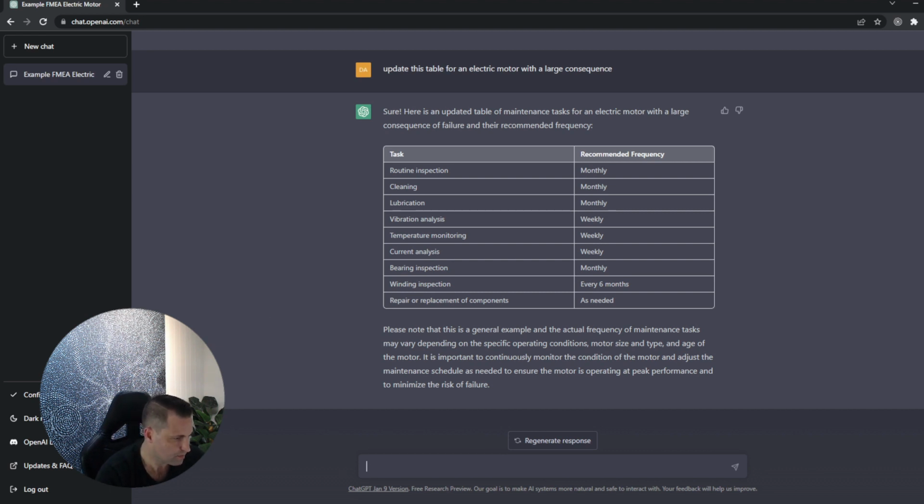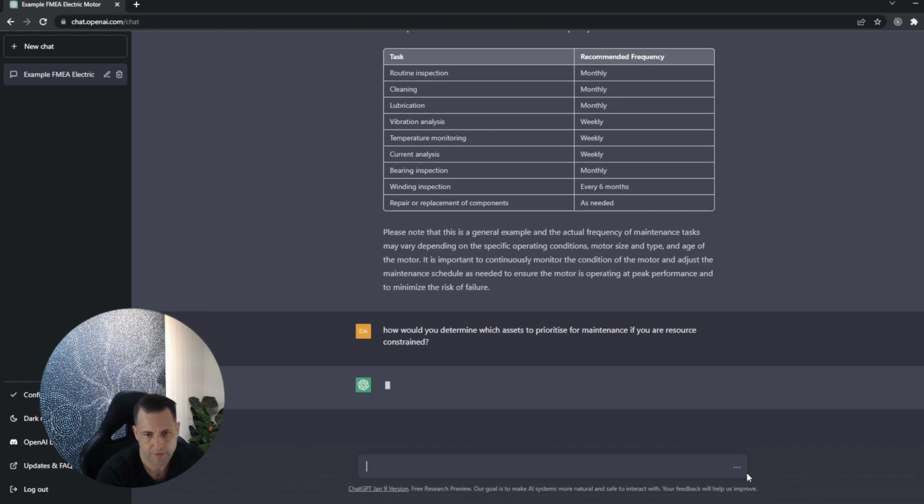So, okay. What about, let's ask it some high level questions, some portfolio level questions. Let's say, how would you determine which asset to prioritize your maintenance if you're resource constrained?